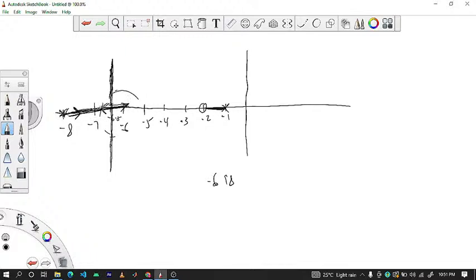The point where they meet is the breakaway point, which we found to be negative 6.9. So it will be somewhere around there, very close to negative 7. So this is where the breakaway point is, which means that this locus comes here, this locus comes here, and it meets, right? When they meet, they must move towards the infinite zeros. We said that we had two infinite zeros.